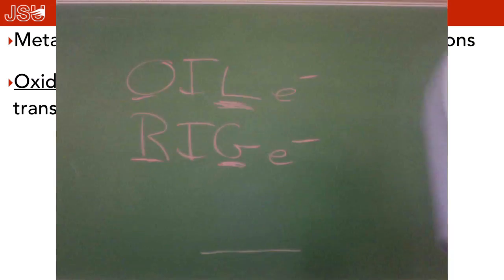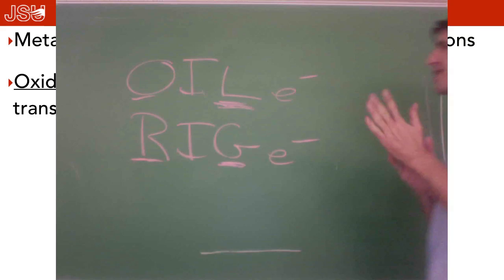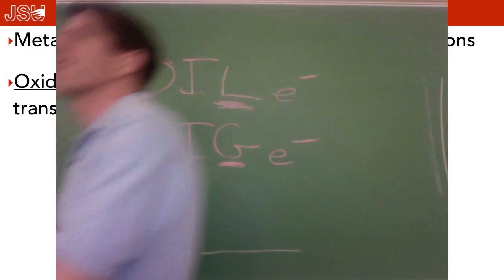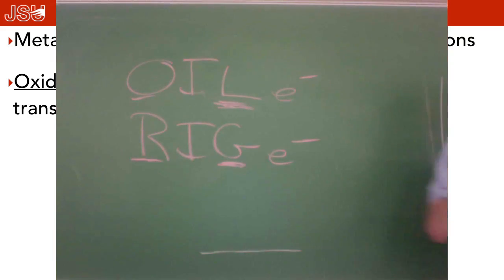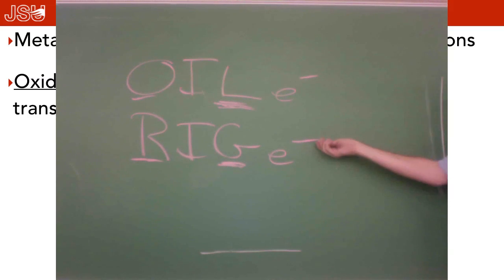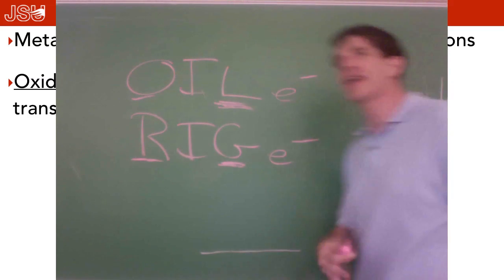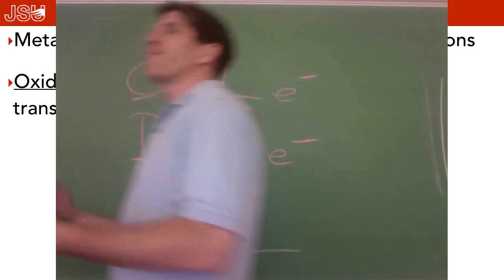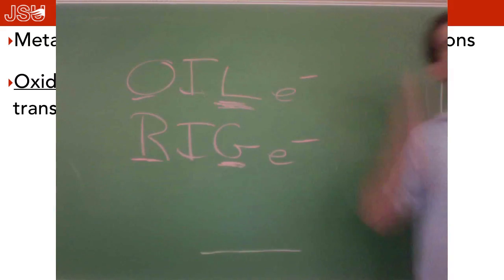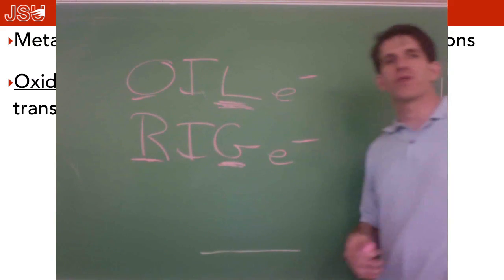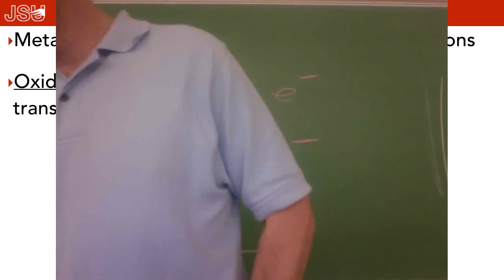And you might say, whoa, how can you be reduced and gain something? That's crazy talk. Well, what charge does an electron have? Negative. So electrons are negative. And what would happen to the charge if you add a negative? It goes down. Its charge is reduced. So reduction reduces the overall charge.